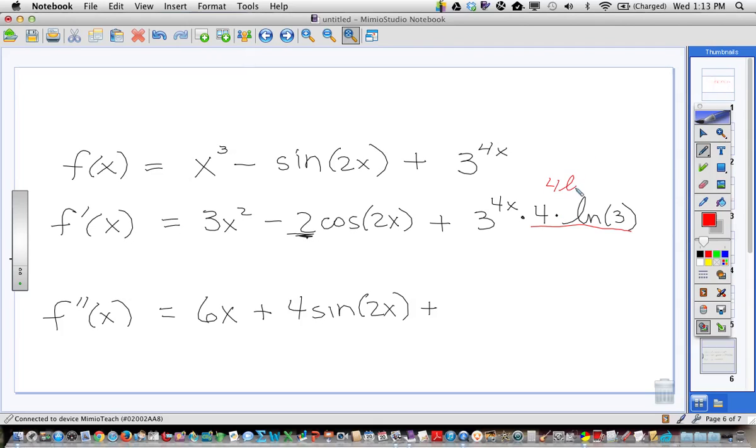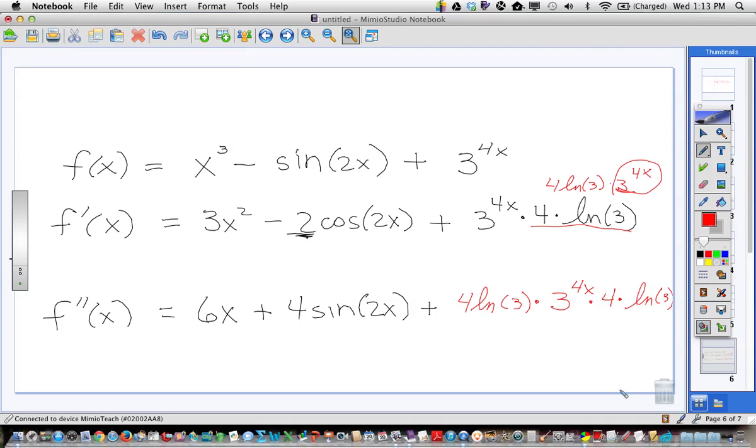So if it's 4 ln 3 and then times 3 to the 4x, what you have is a number times a function. So that number just sits there, 4 ln 3. And now we're just focused on the derivative of that, which is 3 to the 4x times 4 times ln 3.